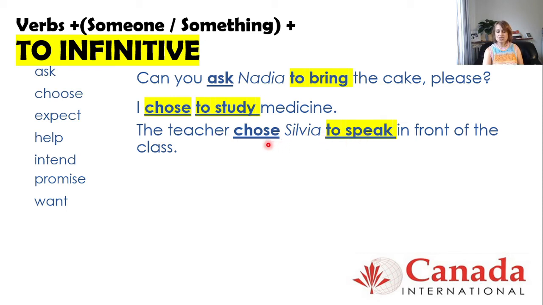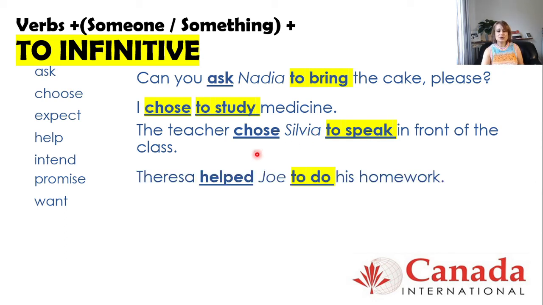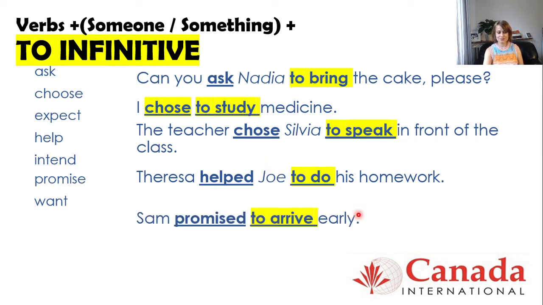Choose someone to do something, right? So in this one, we do have an indirect object. We have someone there. Next, Teresa helped Joe to do his homework. Help someone to do something.